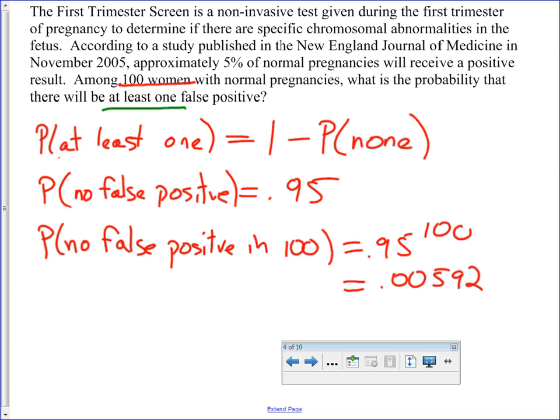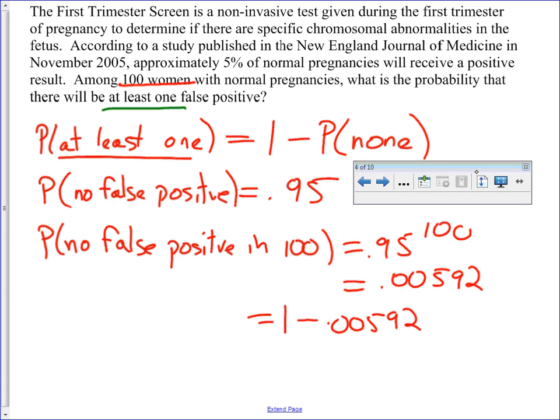So the probability of at least one false positive test is 1 minus 0.00592, or 0.994.